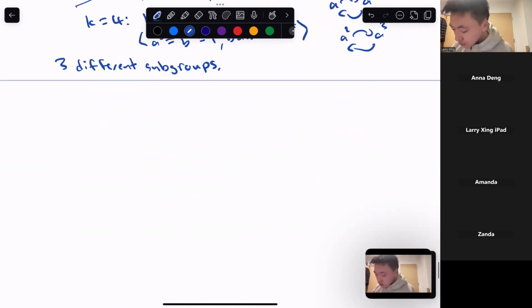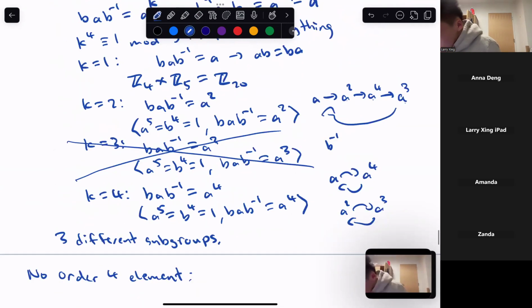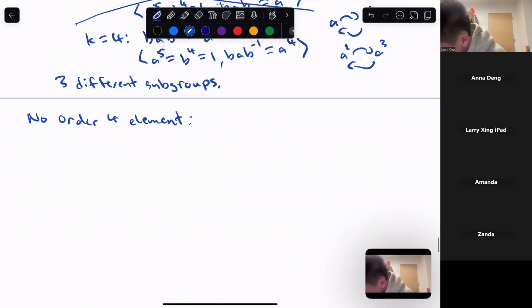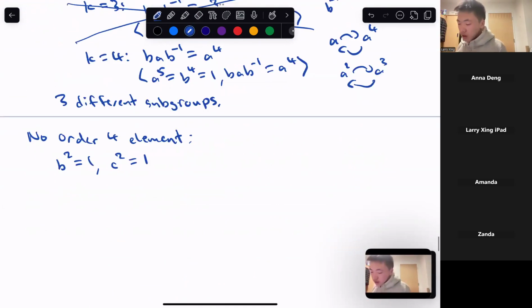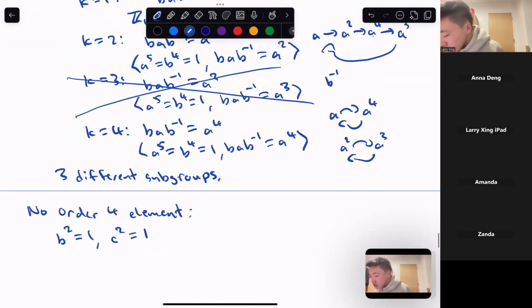And now, if there's no order 4 element, we must have 2 elements this time, b squared equals 1 and c squared equals 1, such that b and c are different. And so now we have a bunch of cases to go over.